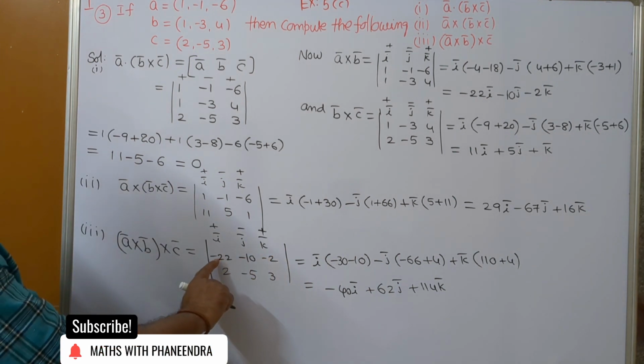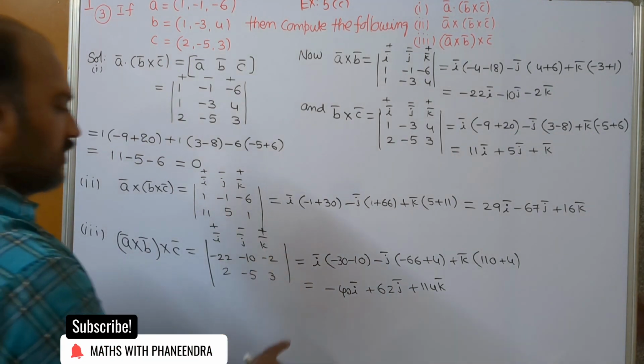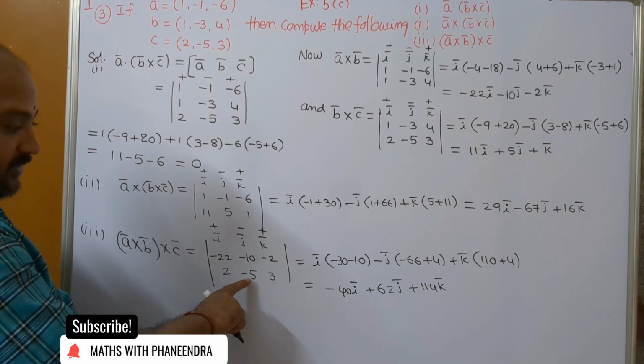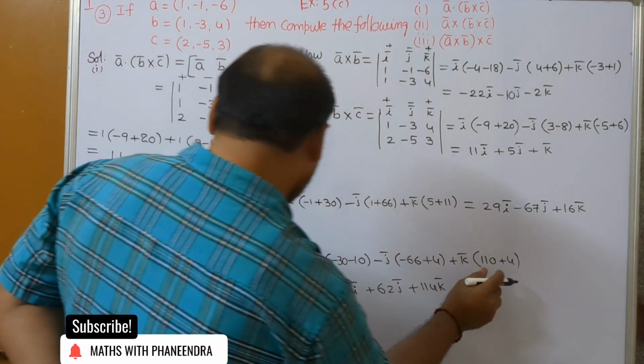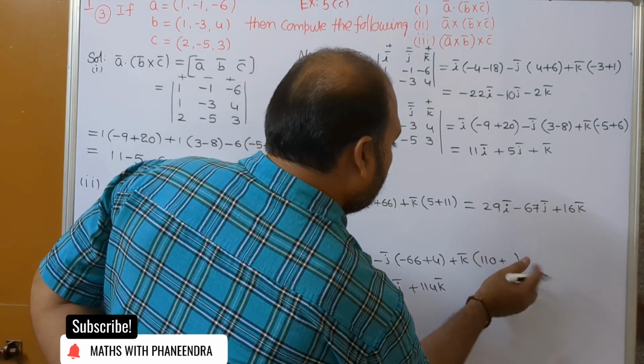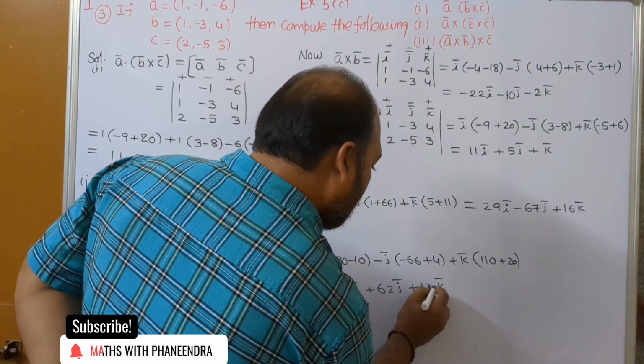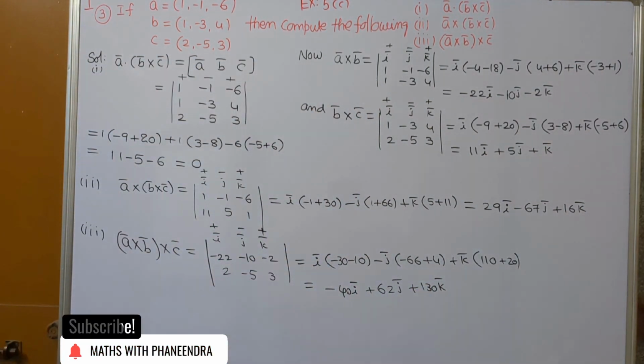Next minus 66 plus 4, that is okay. Next come to here: minus 11 plus 110 plus 30 plus 20, so 130, dear students. Now I got clarity on this. I hope you understand that.